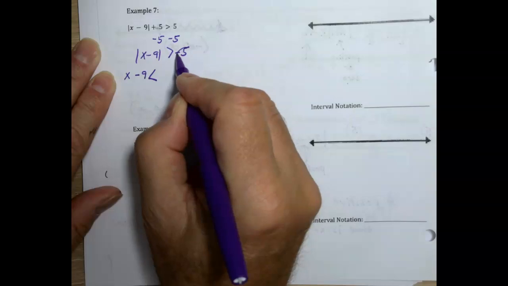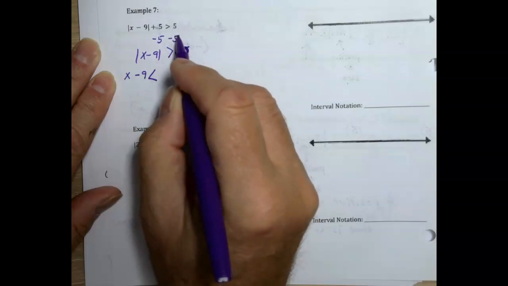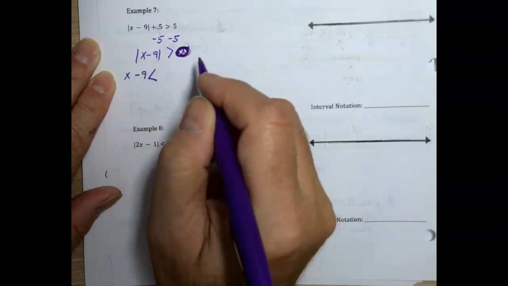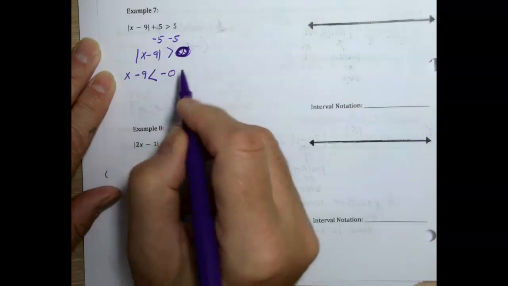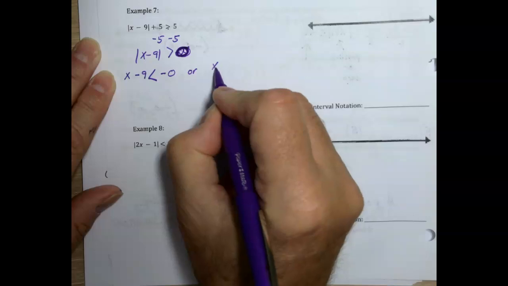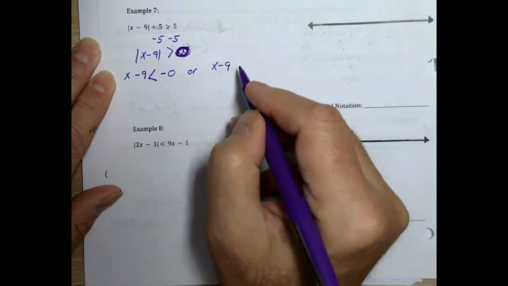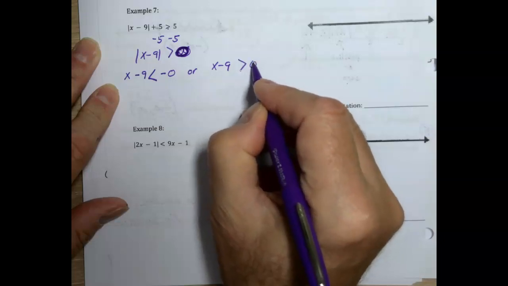Let's subtract that. This should be 0. So our first one's going to be x minus 9 is less than -0, or greater than the absolute value of x minus 9 is greater than positive 0.